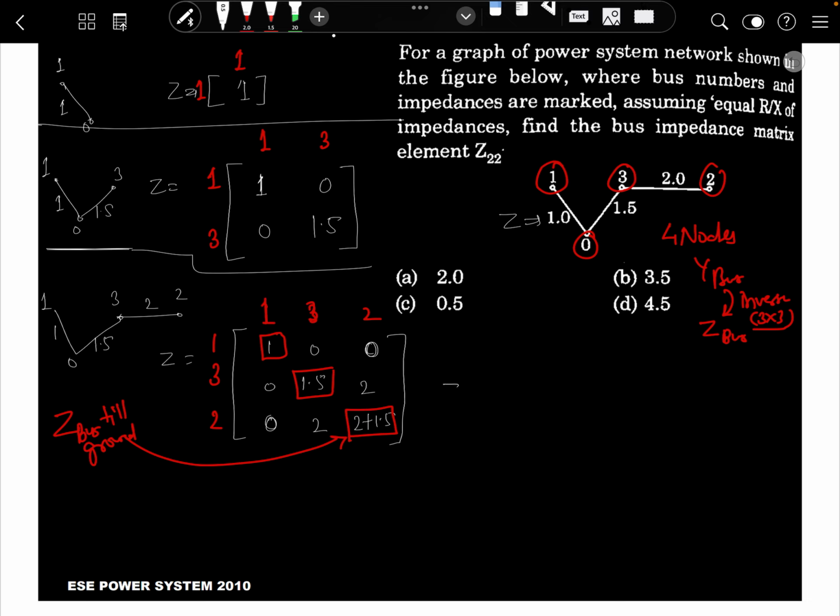This thing is equal to, we will write now 1 2 3 and 1 2 3. So it will be 1 0 0 0 0 3.5 1.5 1.5 and 1.5.